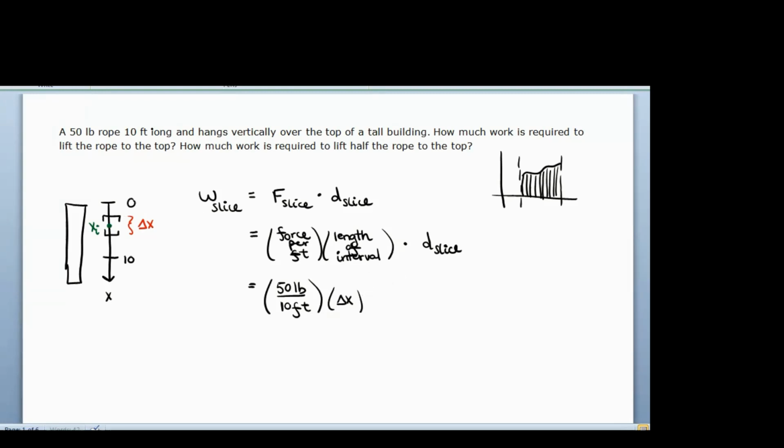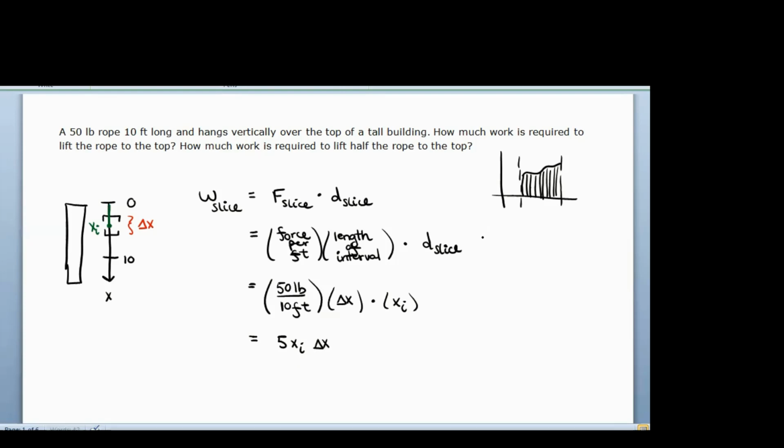By the way I oriented this, I have to travel xi units to get to the top. So I'm going to multiply by xi. And so the work for a single slice is going to be 5 xi delta x. It's always nice to just put your delta x at the end.